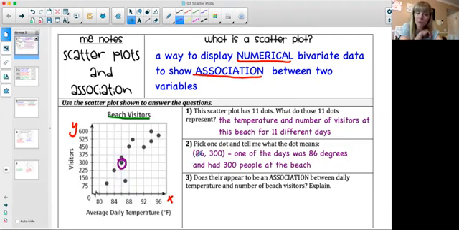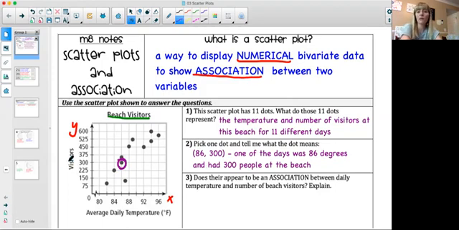So I wrote the actual ordered pair, 86, 300. Okay, so 86, 300 is one particular ordered pair, one dot in this. And what does that particular dot mean? It means one of these 11 days was 86 degrees, and that 86 degree day had about 300 people at that beach. That's what that one dot means.